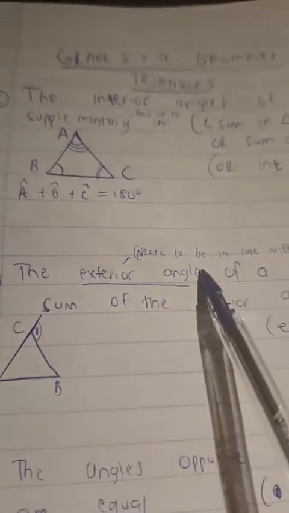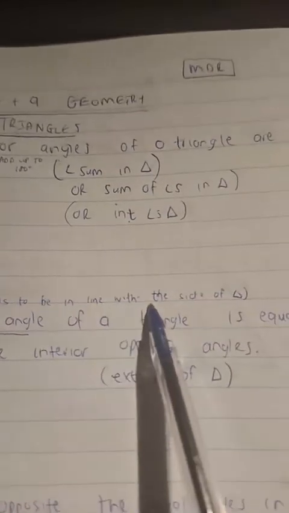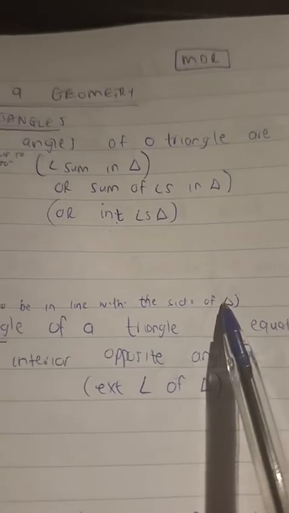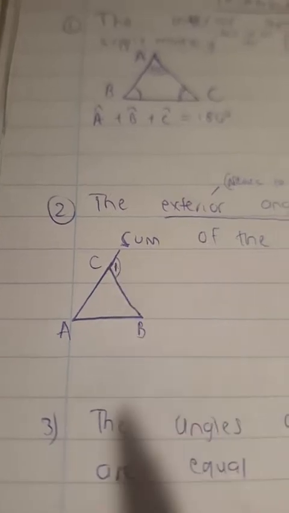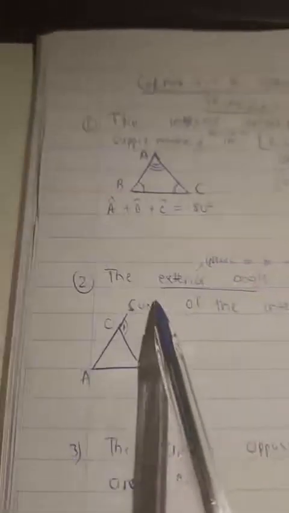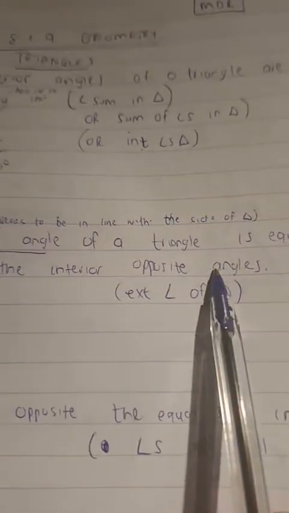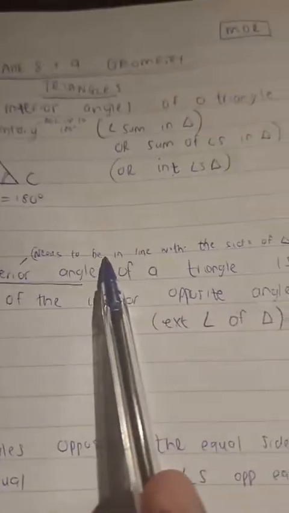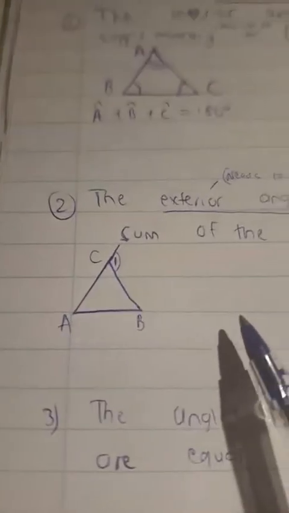It is an exterior angle that needs to be in line with the side of a triangle. So we need to always check and verify if this exterior angle is in line with the side of the triangle, because the exterior angle they talk about here, that is equal to the sum of the interior opposite angles, is an exterior angle that is in line with the side of a triangle.